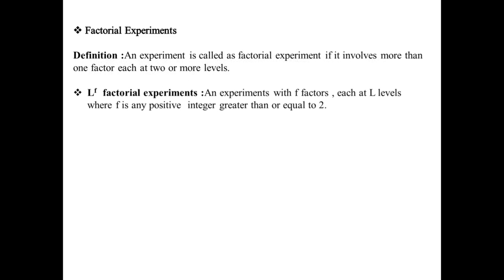These low and high concentrations are the levels of the factor fertilizer. This type of experiment, in which we consider factors at 2 or more levels, is a factorial experiment. So here we have the L raised to F factorial experiment.